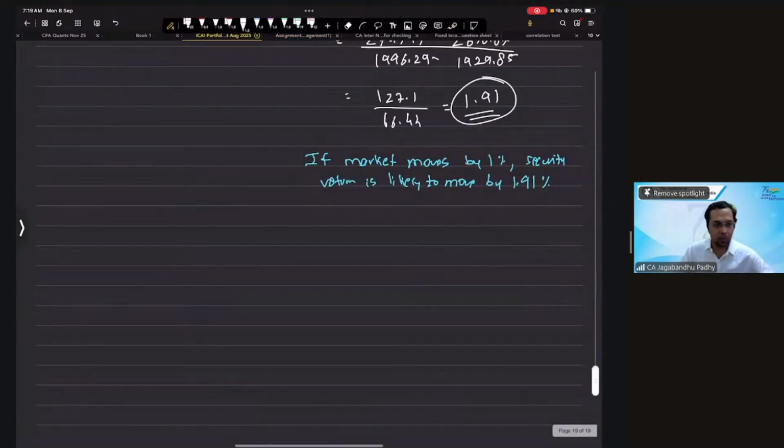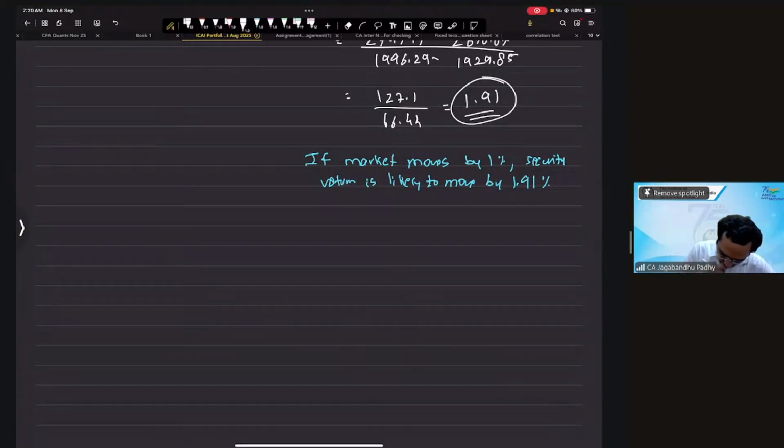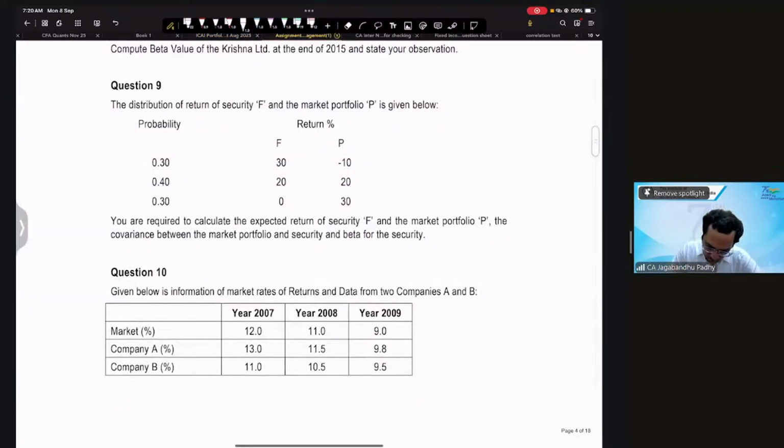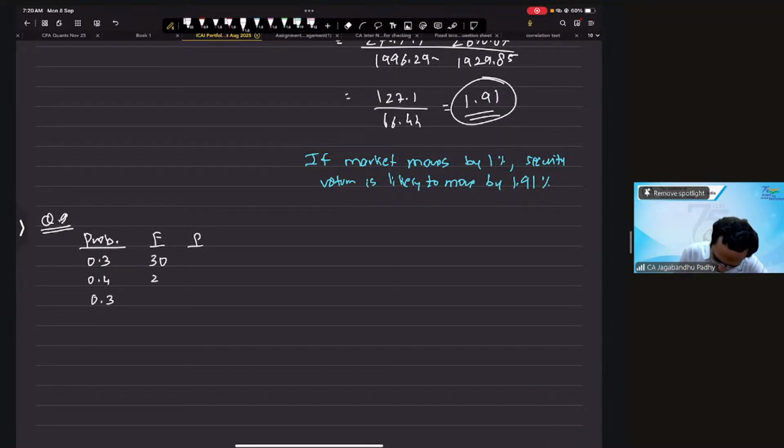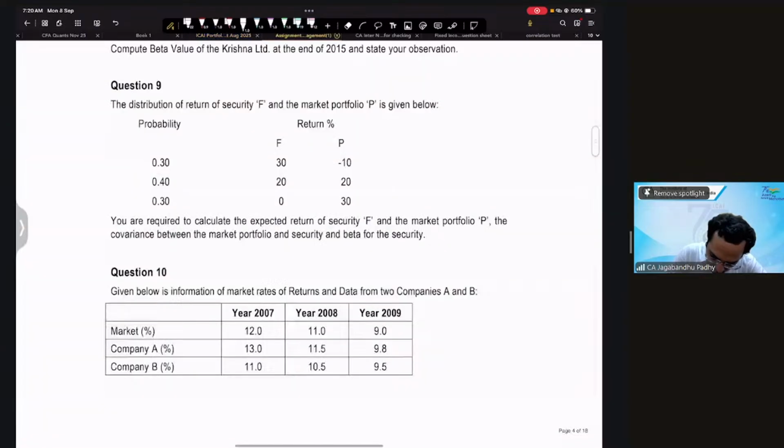We have the probabilities 0.3, 0.4, 0.3. Security F has returns 30, 20, 0, and the market portfolio has minus 10, 20, and 30.